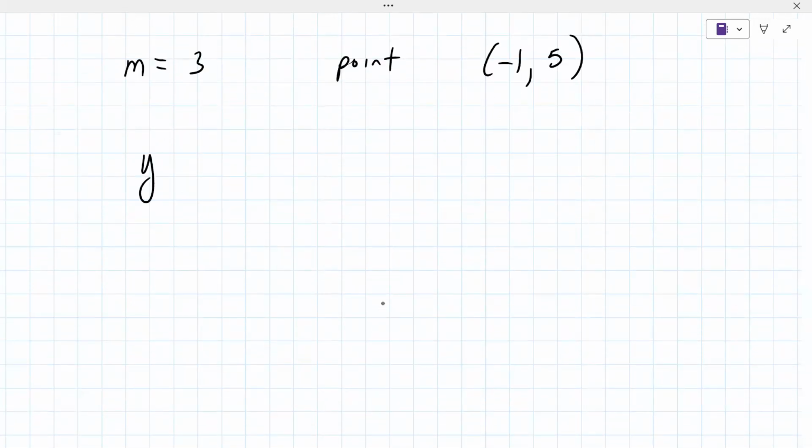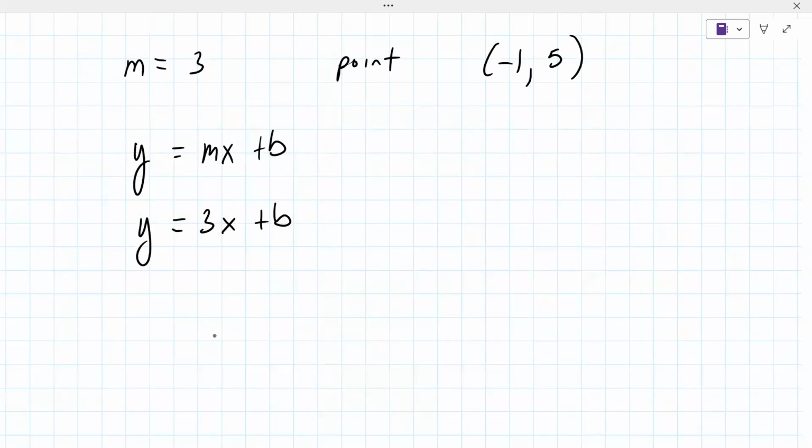The first thing you're going to do is write the equation with the slope: y equals 3x plus b. And actually, let me write the equation of a line. I should have done that first. Apologize. It's kind of like the slope formula. You should write it every time until you have it memorized. So we put the value of 3, or the slope, in for m.